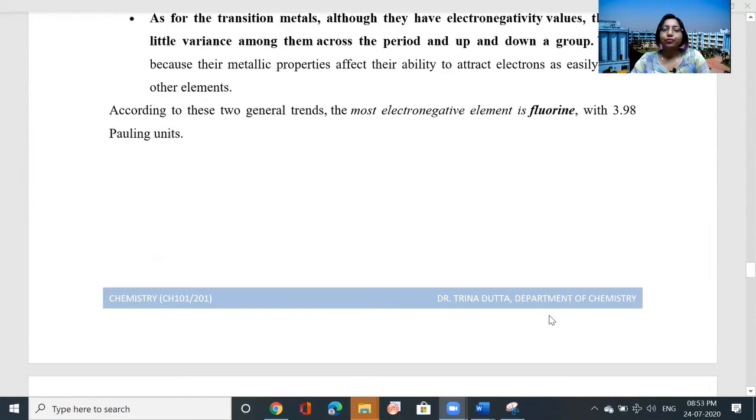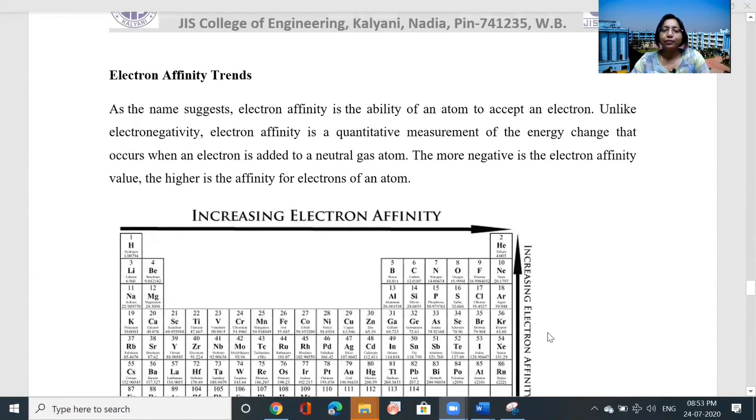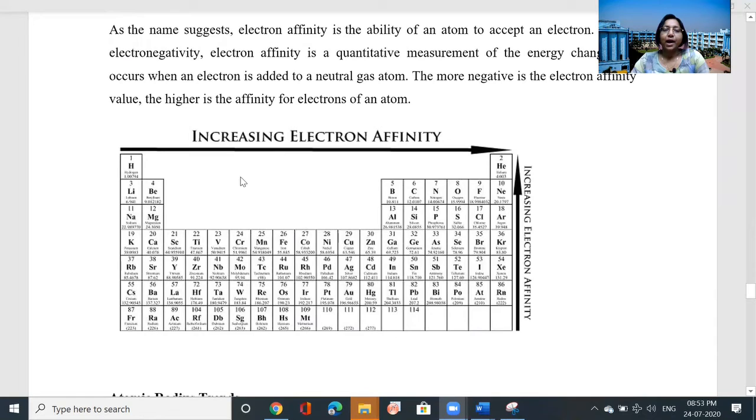Okay, let's look at the electron affinity. If I ask for which of the following the electron affinity is the highest, say I'm giving fluorine, chlorine, bromine and iodine.